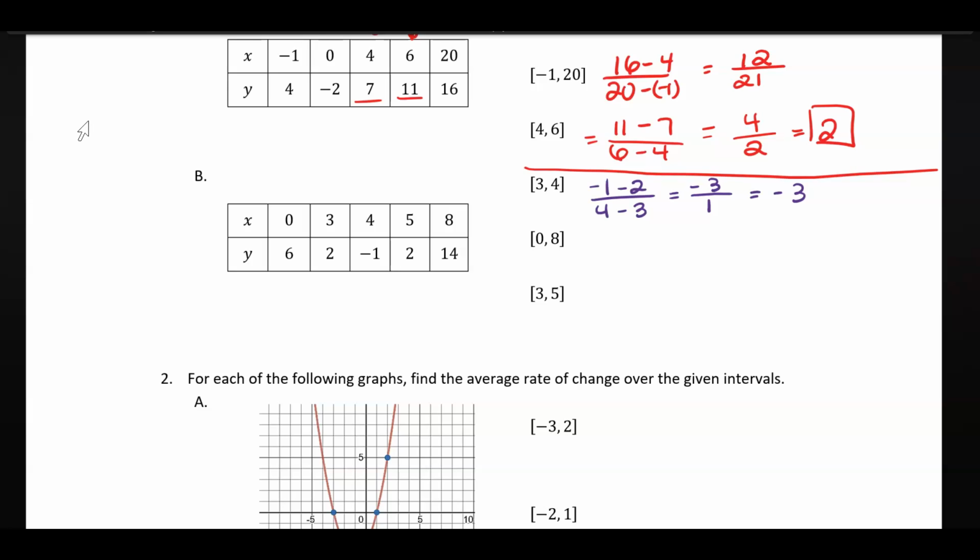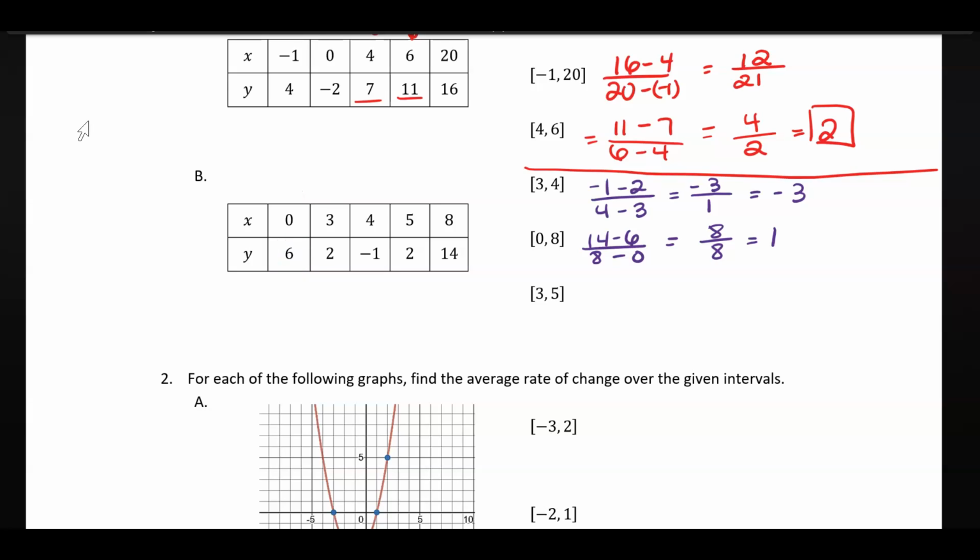All right, let's take a look at 0 and 8. So here's my 0, here's my 8. So it's going to be 14 minus 6 all over 8 minus 0. 14 minus 6 is going to give me 8 over 8, which is 1.